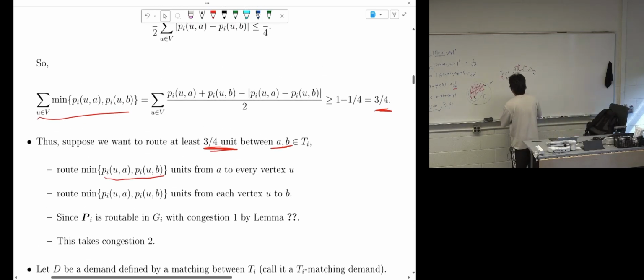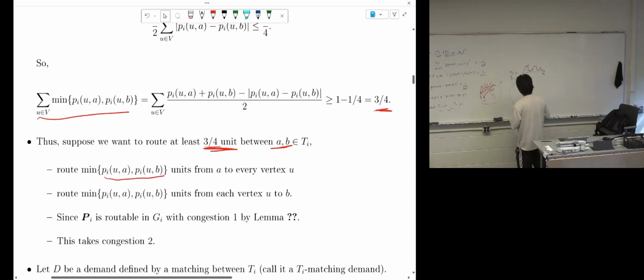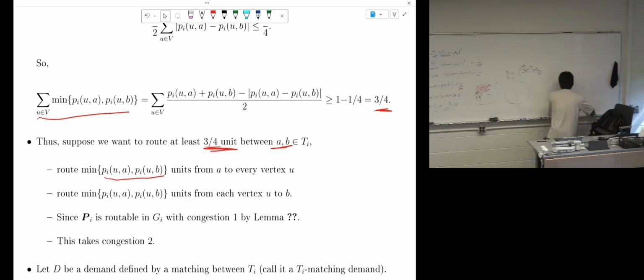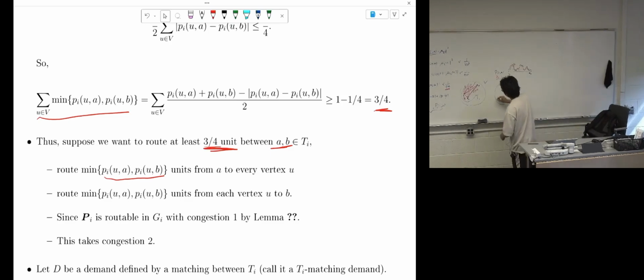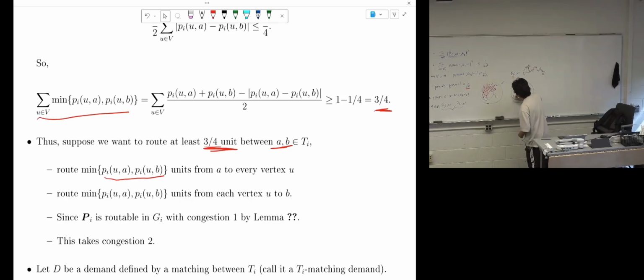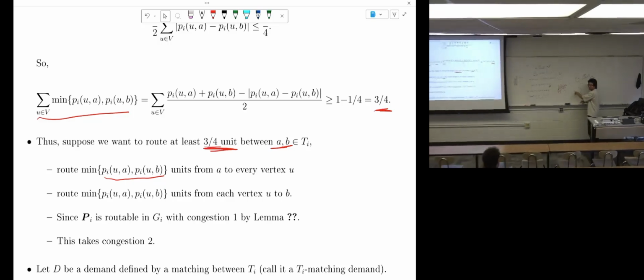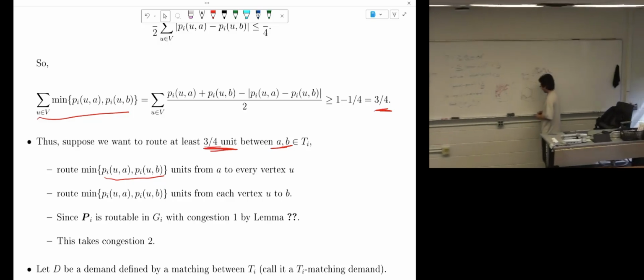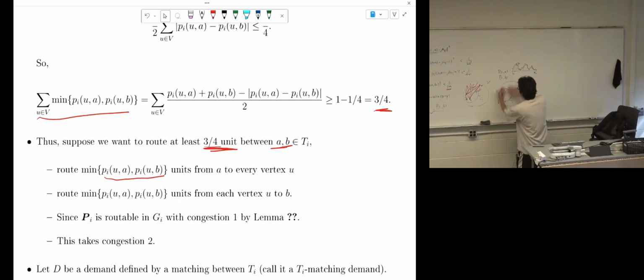Suppose that you have this graph, and then you have this active set. You just saw that if you have A1 and B1, you can send 1/4 from A1 to B1 with congestion 2, just by routing from A to everyone and from everyone to B1.